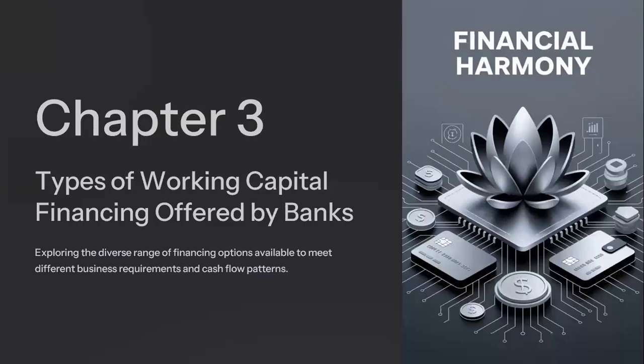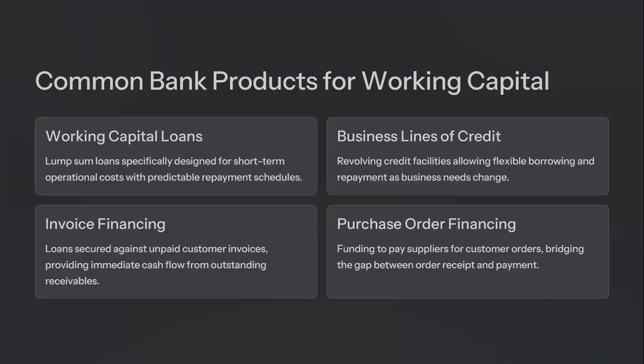What are the types of working capital finance offered by banks? The first is working capital loans. Now, overdraft and cash credit are a regular part of financing working capital, so we are looking now at the core part.